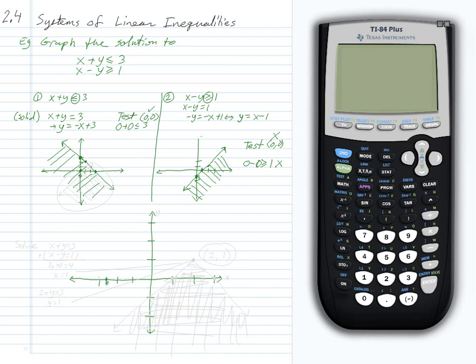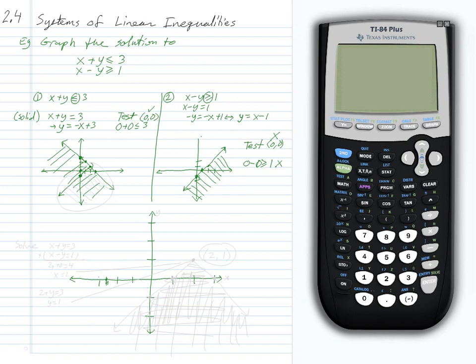Here we see our y-intercept and our slope of 1. And I will stop drawing that line as soon as I get to where I'm not supposed to draw solutions anymore. So here at 2, 1, if I continue beyond the downward sloping line, that's not going to make any sense because I would now be indicating solutions that are not actually solutions to the first inequality.